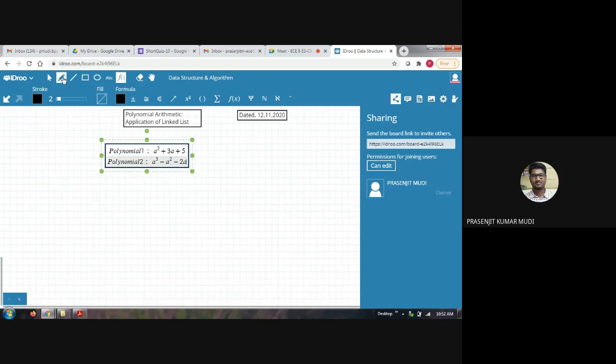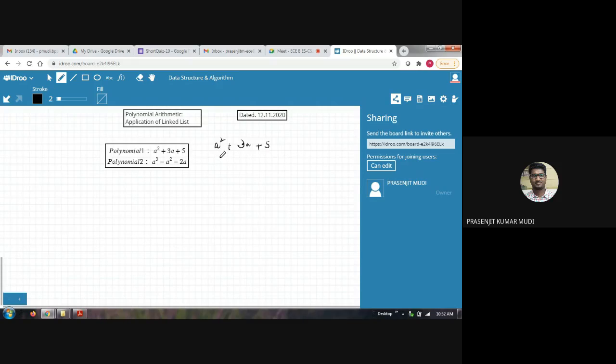So a square plus 3a plus 5. Next, you are not writing a cube just below a square.